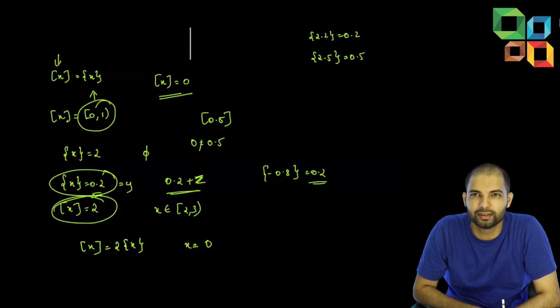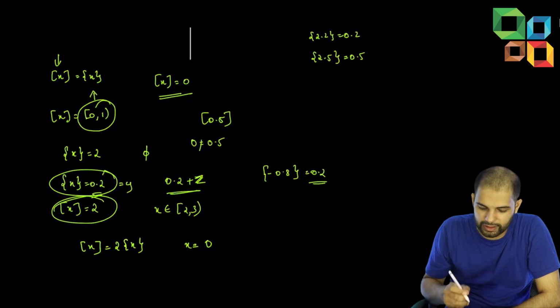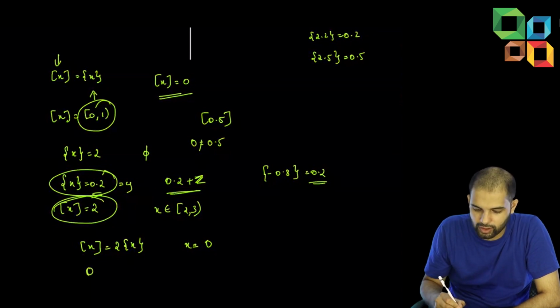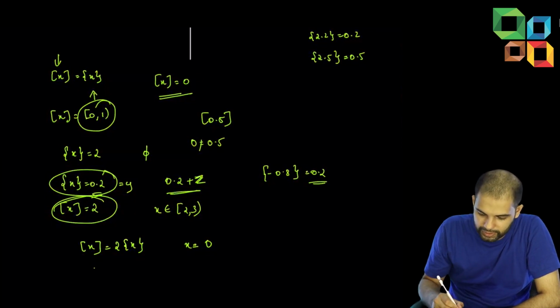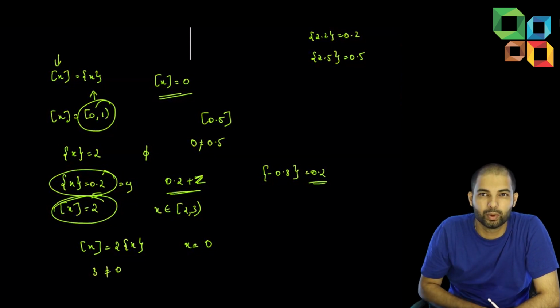Does it satisfy? Yes, Sushit is saying 3. Okay, 3. If you say x equal to 3, this side is 3, correct? When x is 3. But the other side is 0. So certainly not equal. So 3 doesn't work.